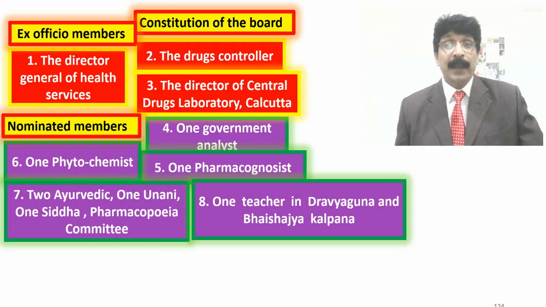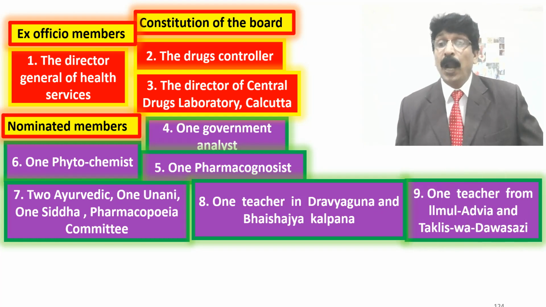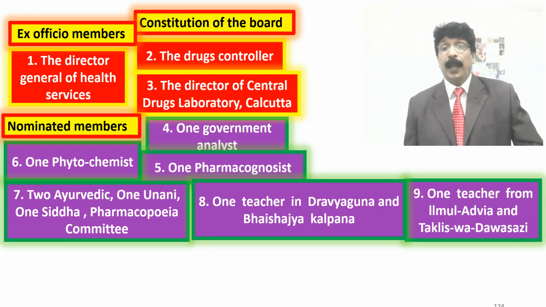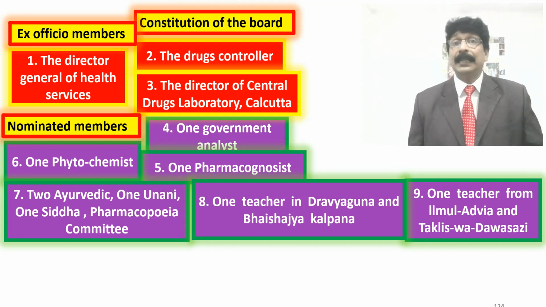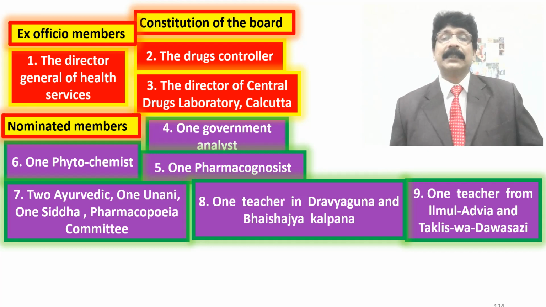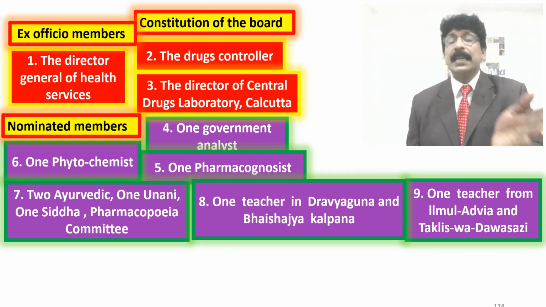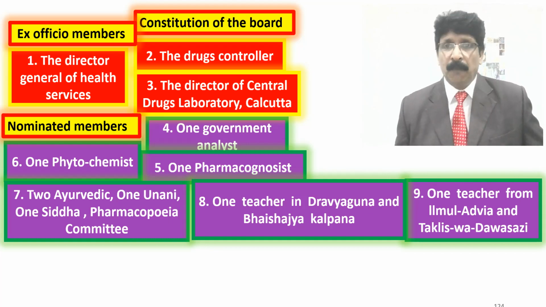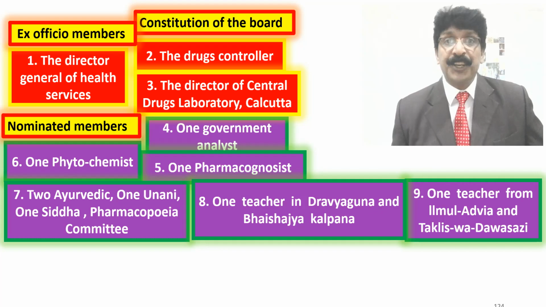A teacher who deals with this subject is taken. And 1 teacher from Ilmul Advia and Taklis wa Dawasazi. This subject is also from Unani pharmacology and pharmacognosy, which deals with the herbs and their formulation, application and pharmacological action.